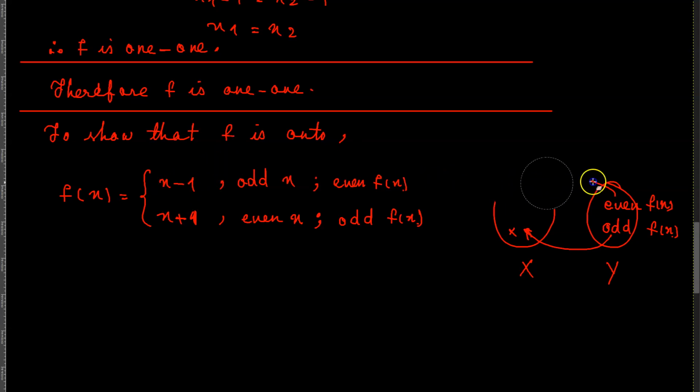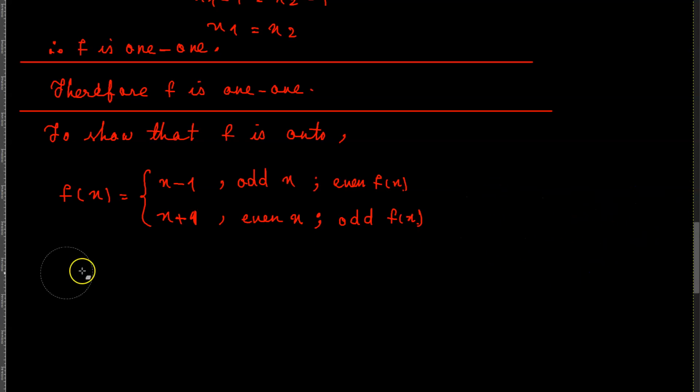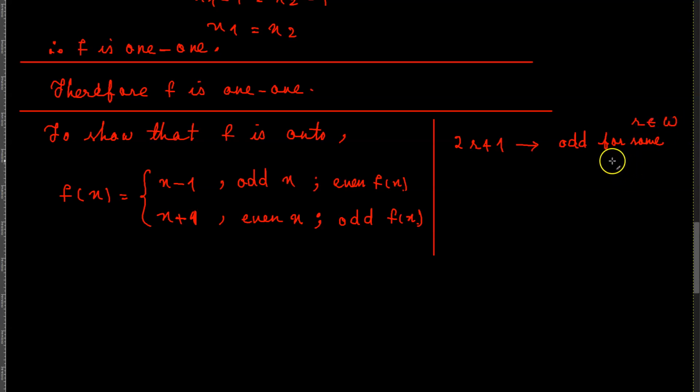Now, since I need to be talking about even numbers and odd numbers in mathematical terms, I cannot just say even numbers and odd numbers. I have to denote them by some notation. The notation that I can use is that I'm going to denote odd numbers by 2r plus 1 for some r belonging to the set of, for example, whole numbers.